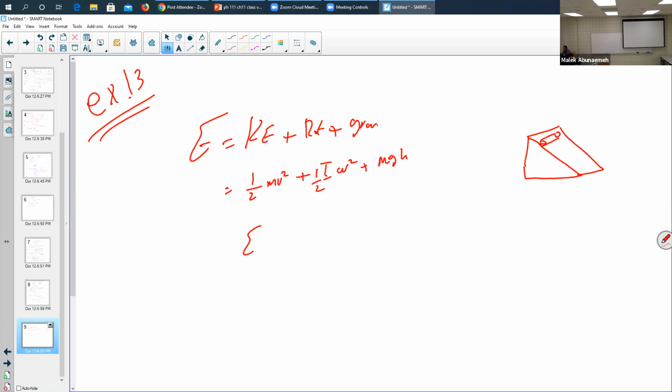So your energy before is going to equal the energy after. So before, what you're going to have? You're going to have 1/2 m vi squared plus 1/2 I omega i squared plus mgh initial, not squared.